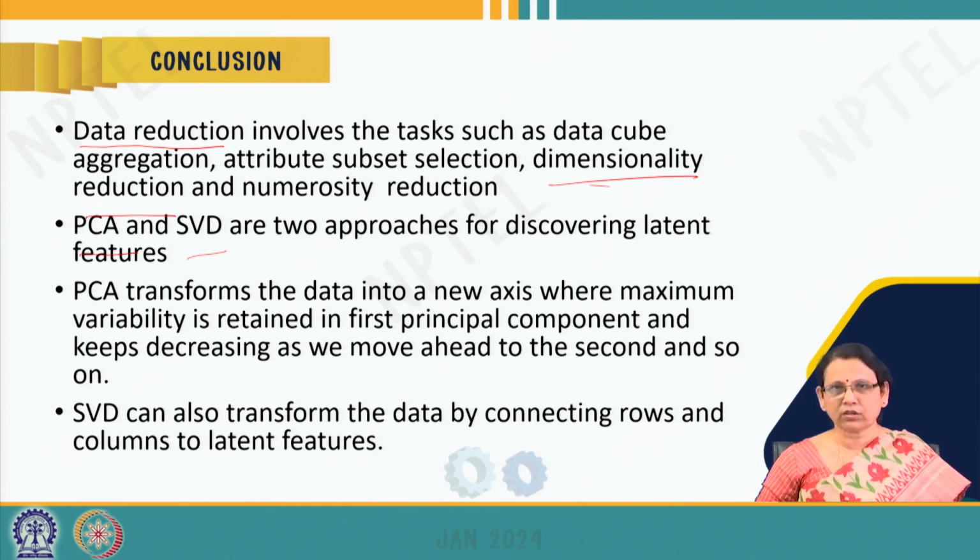SVD can also transform the data by connecting the rows and columns to latent features. In the example we considered, in the context of a recommender system, the rows represent the users and the columns represent the movies. We saw that people can be connected to various movie concepts such as genre, and items can also be categorized based on genre.